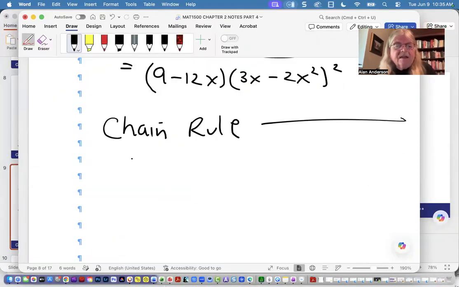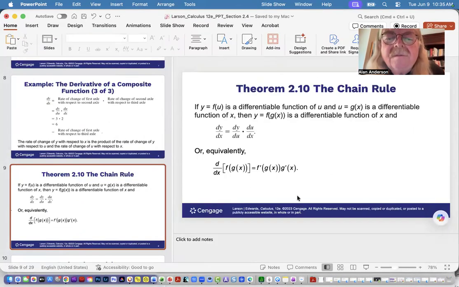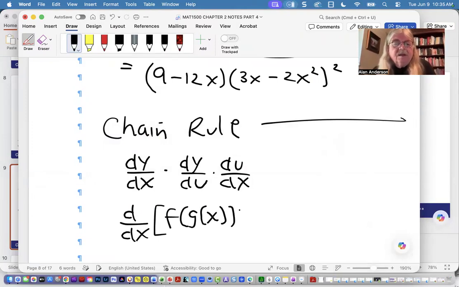As is so often the case now, dy dx can be decomposed into dy du and du dx. This is often the easiest way to do it. Or you can say, well, what are we actually doing here? We're taking the derivative of a composite function.